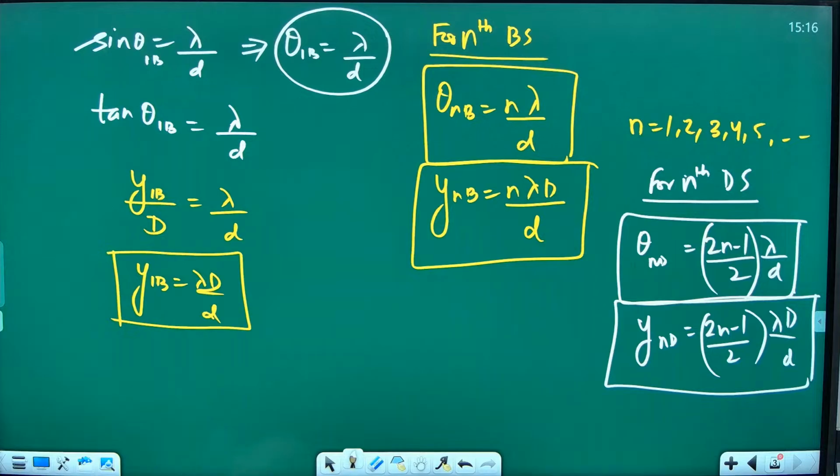Find the separation between the 7th maxima and 11th minima, on the same side of the central maxima.